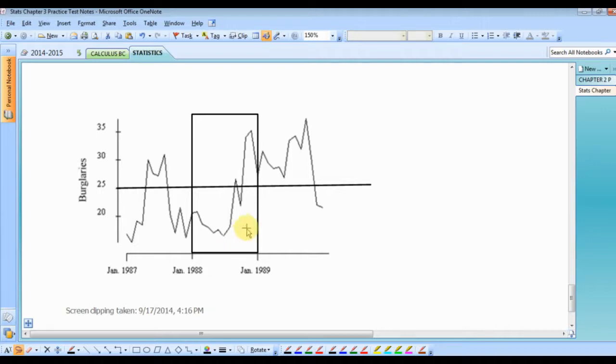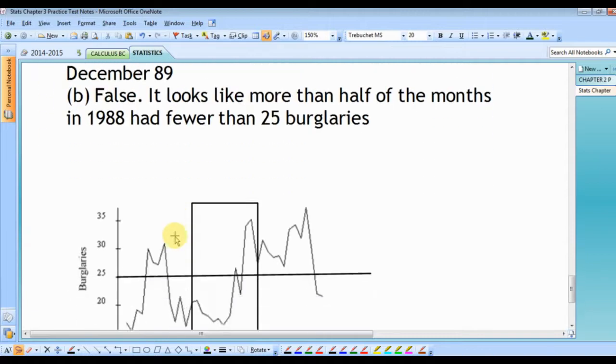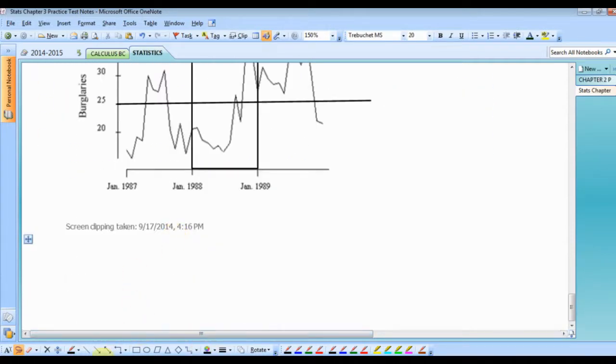The maximum number of burglaries in a month. Where is the maximum in 1988? Right about here, around 34, 35. It's going to be multiple choice.